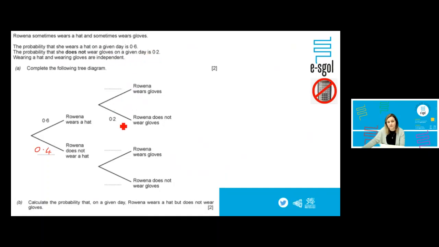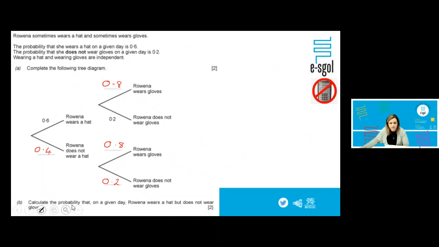And again, they've drawn that on the diagram for us, which means that wearing gloves is going to be 0.8. Wearing a hat and wearing gloves are independent. So that line tells us that the bottom section is going to be a repeat of the one above. So I can put 0.8 and 0.2 on those branches as well. So part A, complete the tree diagram, that's done.